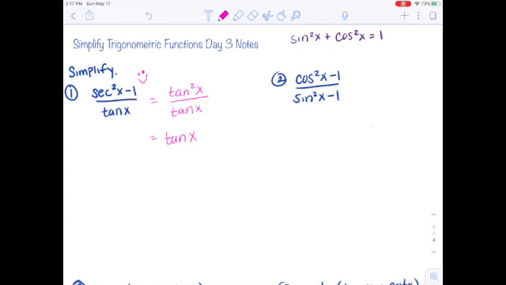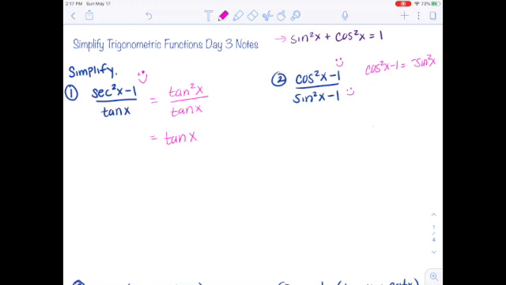And number 2, you want to be able to recognize that as other Pythagorean theorem identities, top and bottom. You take our Pythagorean theorem identity of sine squared of x plus cosine squared of x is equal to 1 and manipulate that a little bit, and you'll see cosine squared of x minus 1 is just equal to negative sine squared of x.